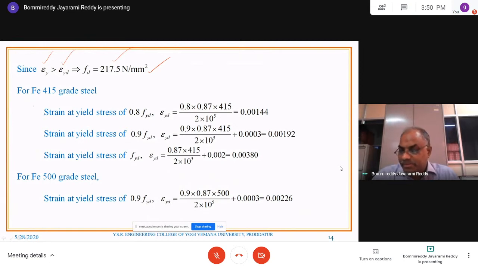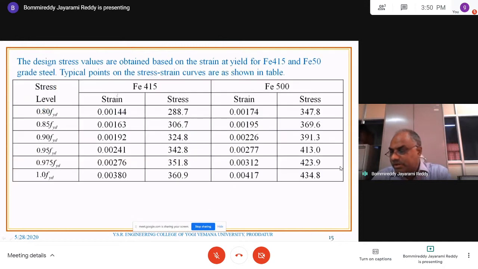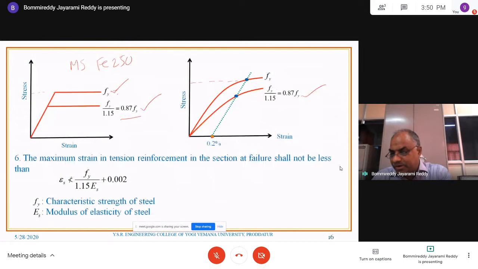Similarly, for Fe 415 grade steel, if you look at the diagram in IS456, you will get several values. Those values are drawn like this, for different design stresses.